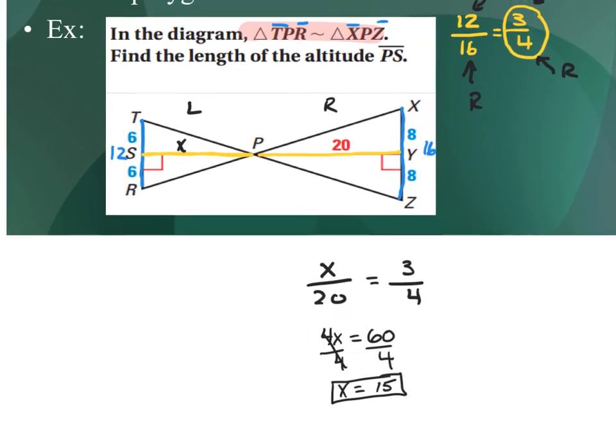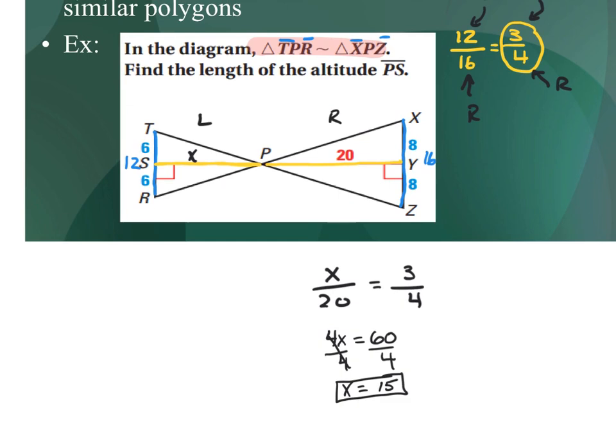That's it. So here are some key areas that you have to look out for. Make sure that you are comparing the right piece to the right piece, meaning the matching pieces, the corresponding pieces that are in the same position. If you put the little shape on top, then continue to put the little shape on top every time. The one thing that we have to be careful about is if it says, let's say, give the scale factor of ABC to DEF.